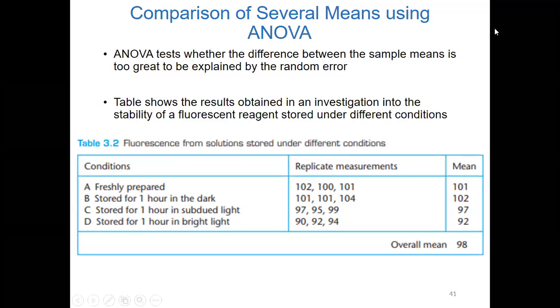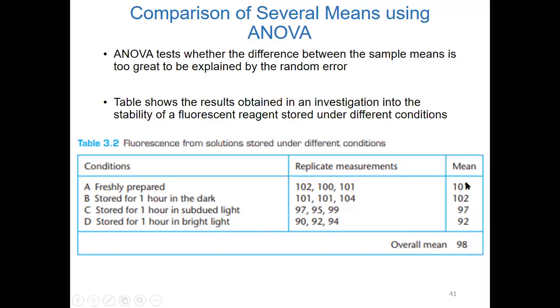We are calculating the variance between samples. So when we calculate the variance between samples, we compare the mean of condition A with the overall mean, and the mean of condition B with the overall mean, C with the overall, D with the overall, right?